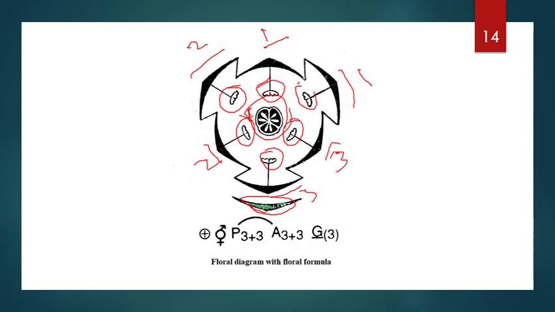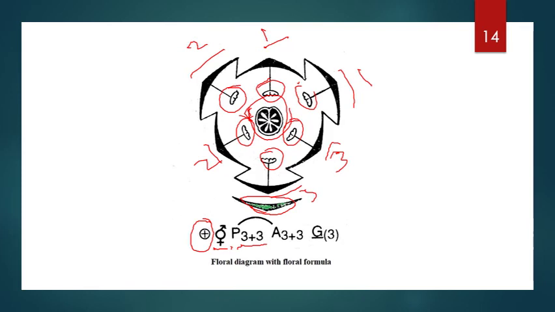Now we discuss the floral formula of this Liliaceae family. So here this sign indicates that the symmetry of the flower is actinomorphic. The next indicates that the flower is hermaphrodite. After this it indicates that in perianth 3 sepals and 3 petals are present.